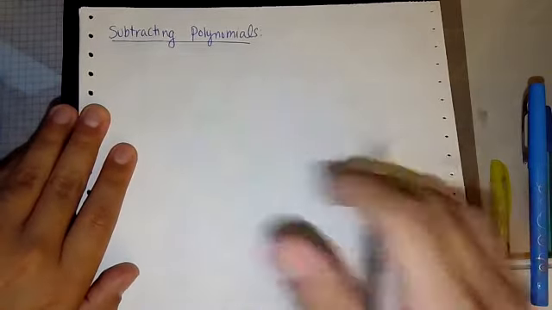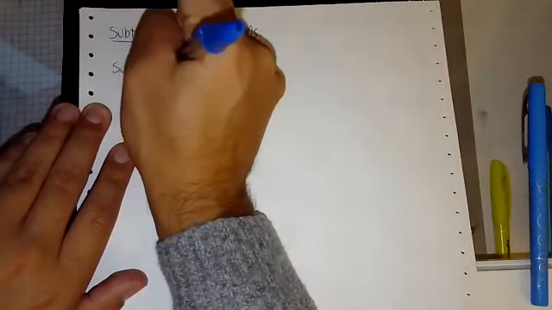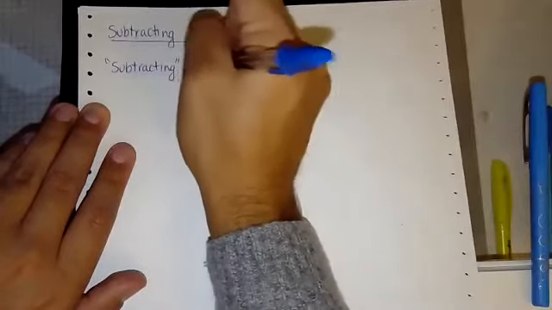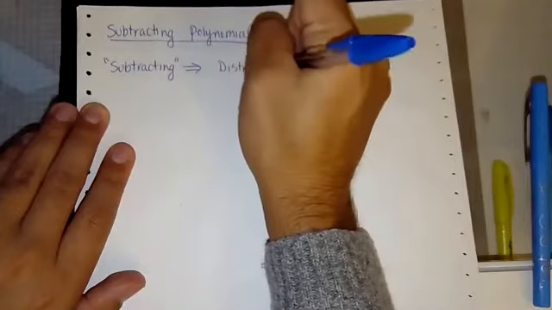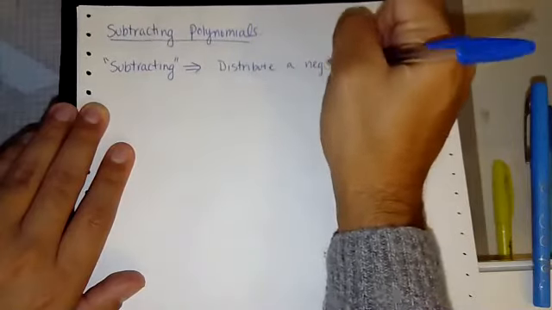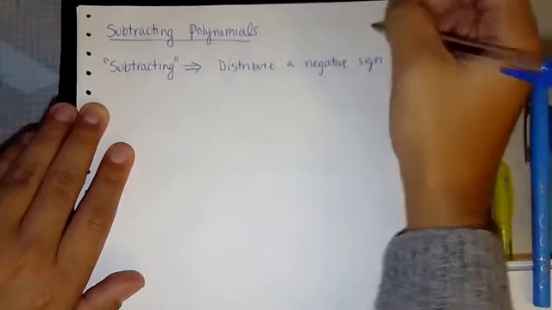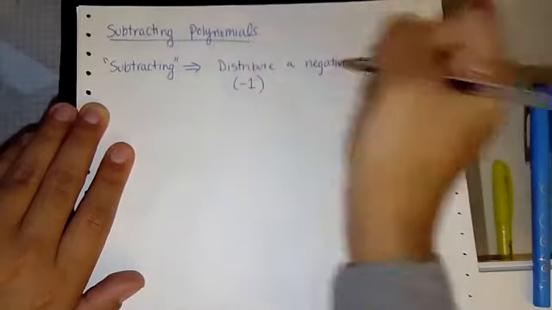What I would say is that when you subtract polynomials, what that really means is you're going to distribute a negative sign, or distribute a -1.